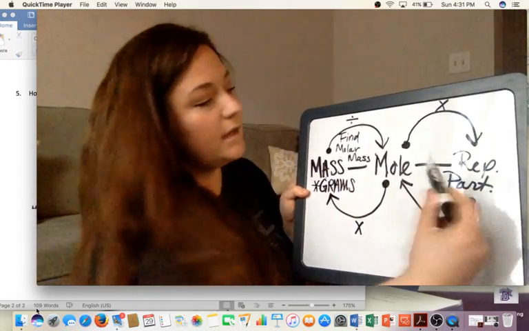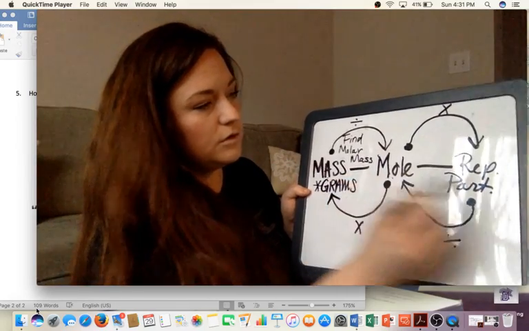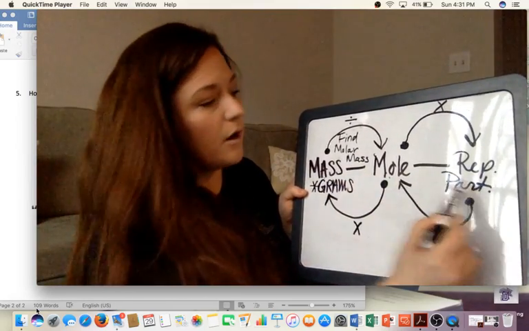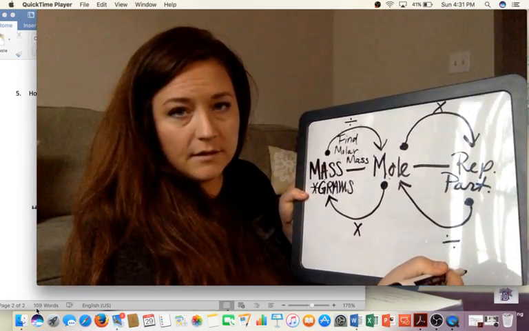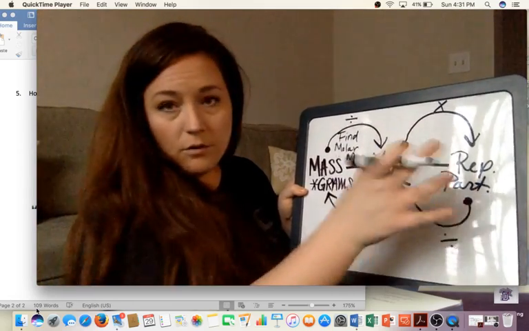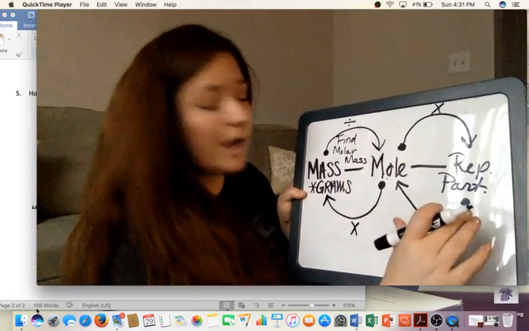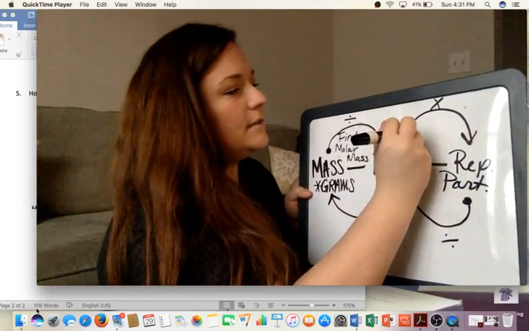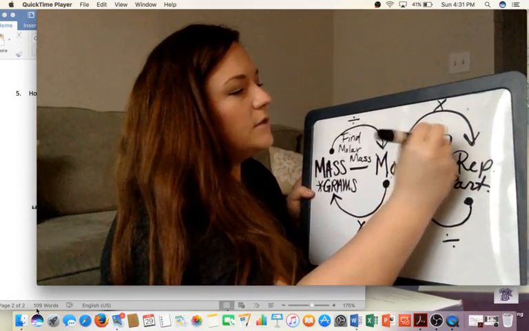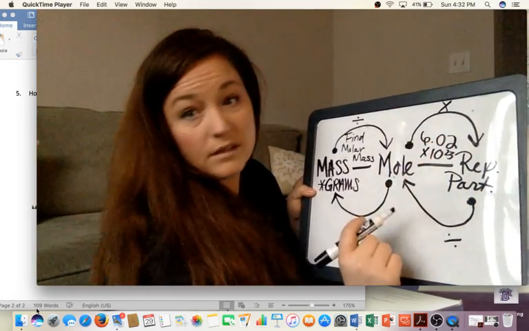Now, on the other side of the chart, you have mole to representative particle to mole. This is where Avogadro's number comes in. It is a set number. You don't have to find a number or calculate anything, other than knowing that you use Avogadro's number, 6.02 times 10 to the 23rd.